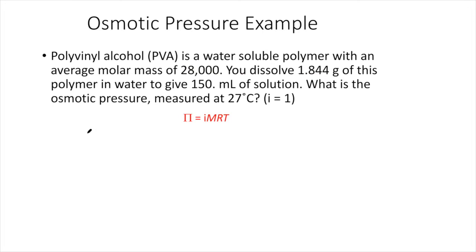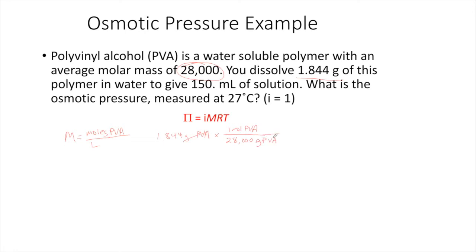The first thing I need to do is calculate a molarity, which of course is moles per liter. In this case, it's moles of polyvinyl alcohol per liter. I have the mass of the polyvinyl alcohol and the molar mass, so that's the first calculation. I have 1.844 grams of polyvinyl alcohol, and from the molar mass, 1 mole of PVA is equal to, on average, 28,000 grams of PVA.